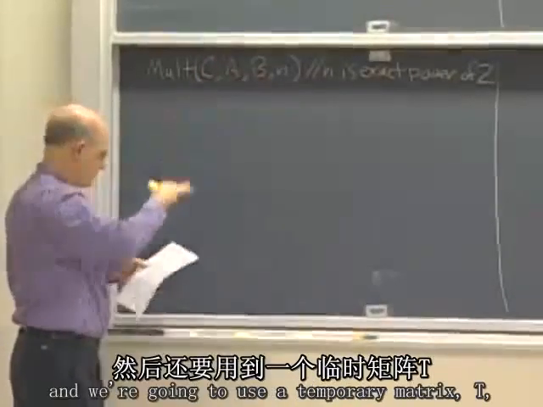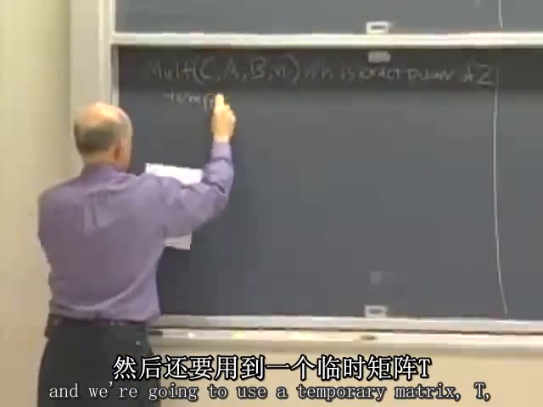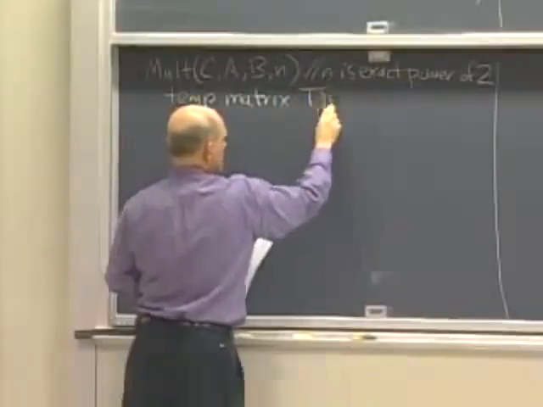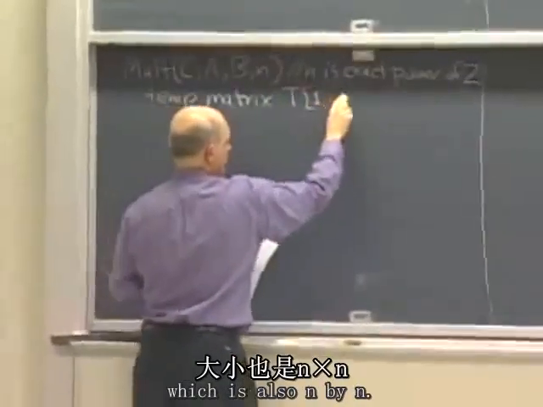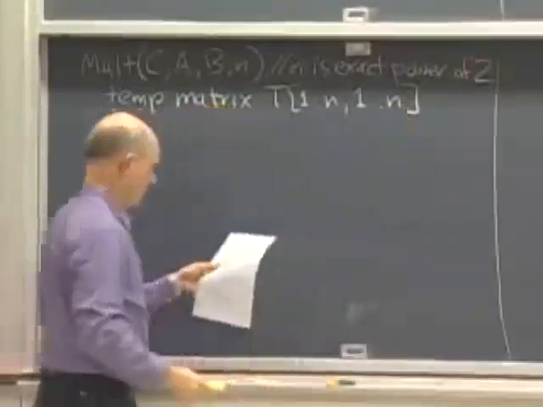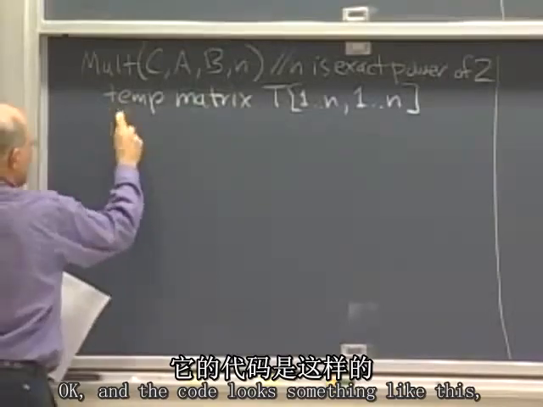And we're going to use a temporary matrix T, which is also n by n. Okay, and the code looks something like this.